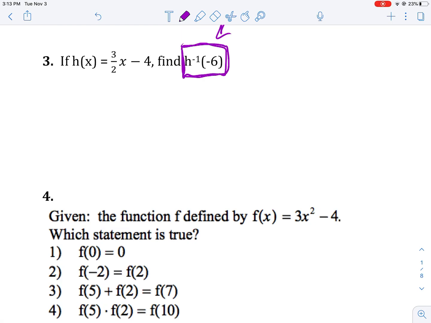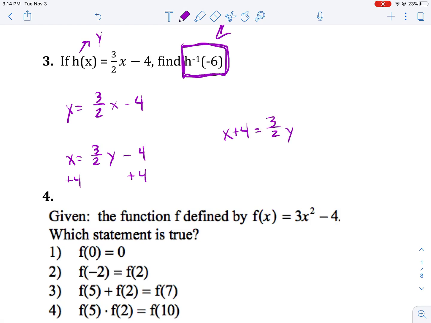First, remember h of x is just a fancy way of saying y. So I'm going to take the y, write it right here, minus 4. Now I'm going to switch my x and y, and then solve for y. My first step is to add 4. So I get x plus 4 is equal to 3 halves y.